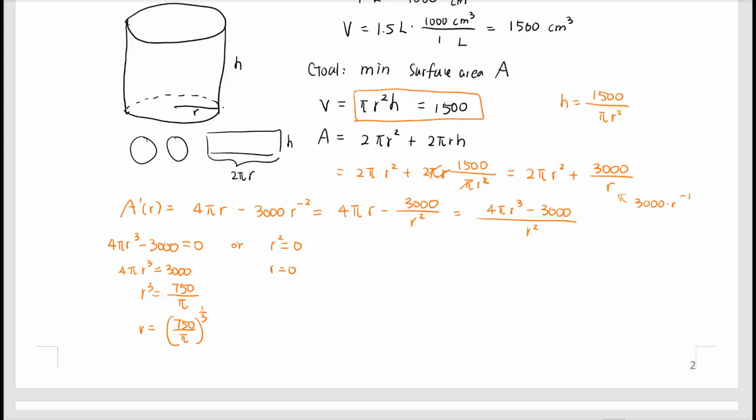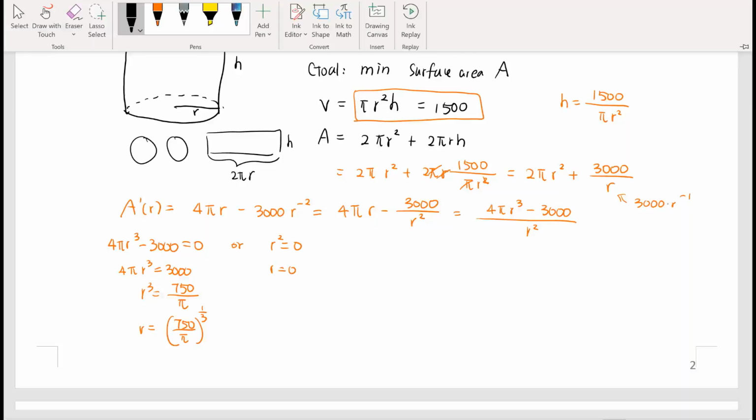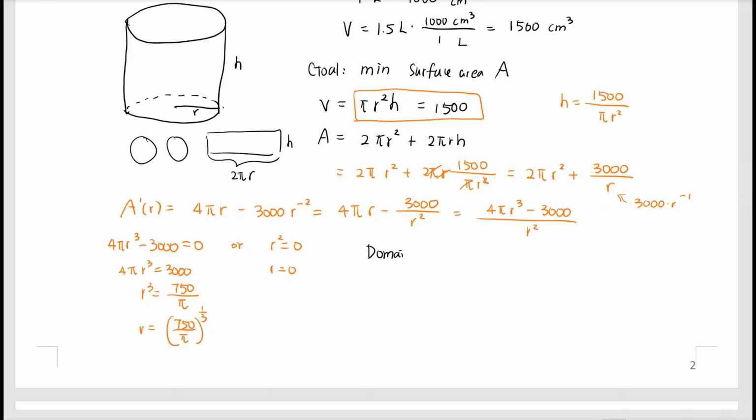Okay? Next, let's figure out our domain. So we have r. How small can r be? Well, it cannot be negative, but it cannot be 0 because if it's 0, your volume will be 0, so it's not going to be 1.5.